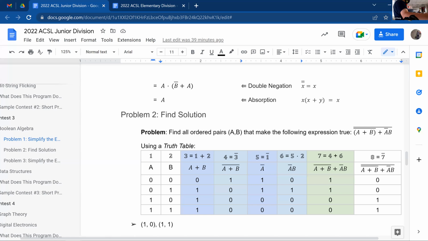The solution the question is asking you to find is the pairs that make the expression true or false, like in the contrast problems, they're asking you to find the pairs that make it false. Does it make a little more sense now? Yeah.